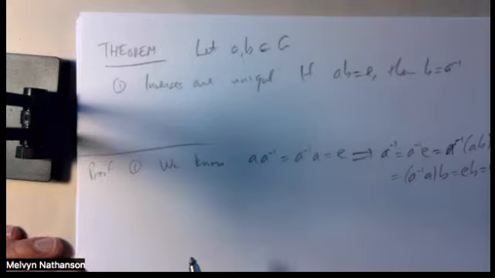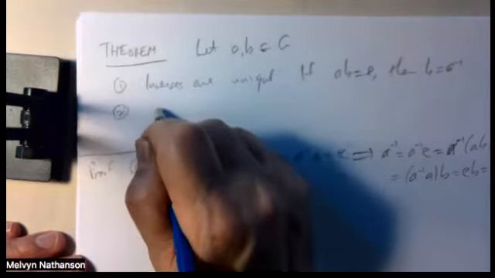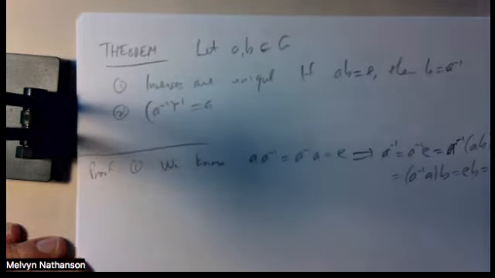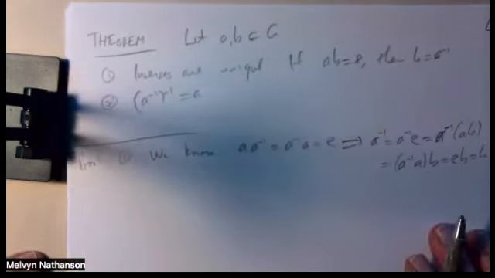So if B is a right inverse of A, B has to be A inverse. That's the first property. The second property says the inverse of the inverse of an element is the element itself. And what's the proof of this statement?